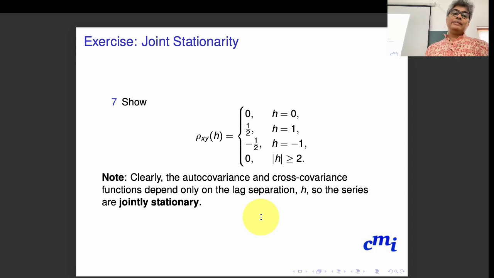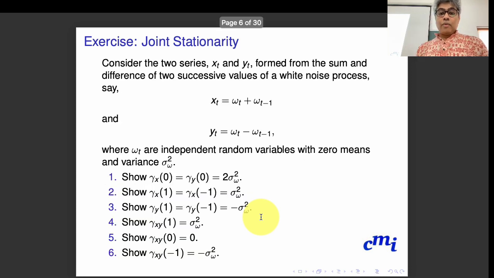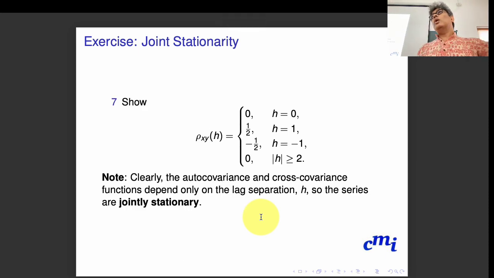So we can say that this is an operation on the white noise. For white noise, the autocorrelation is 0 at all lags. But after this operation, you are inducing a correlation in the series.